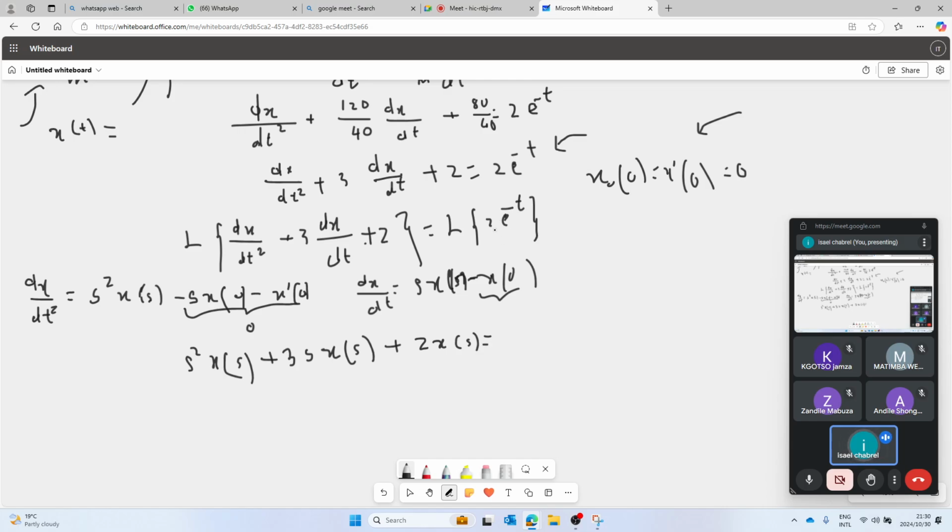Now you have to solve for the Laplace of the right-hand side. You are also given a formula for this. The Laplace of an exponential e to the bt is 1 over s minus b.